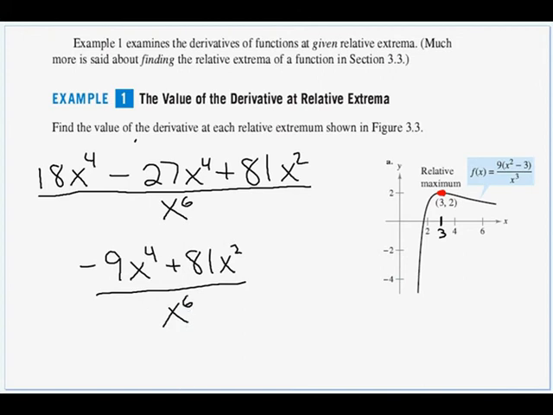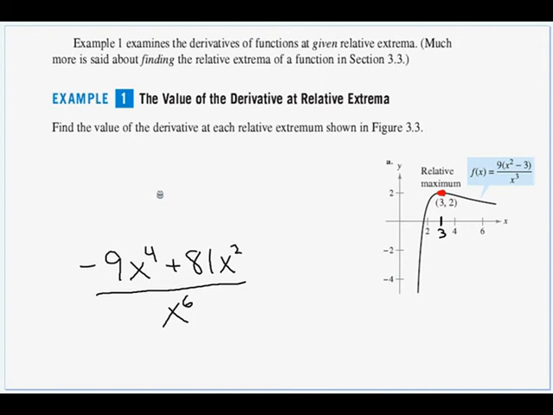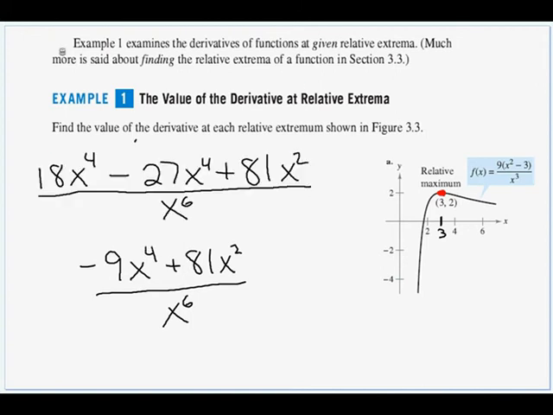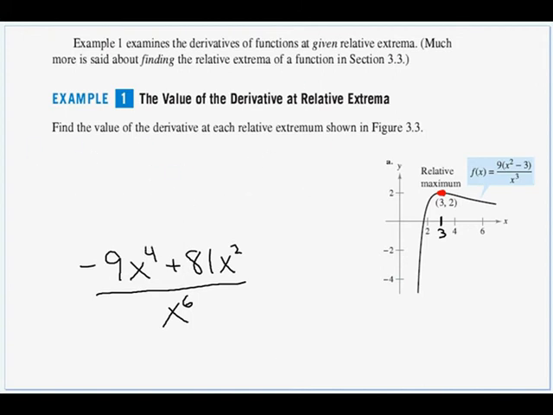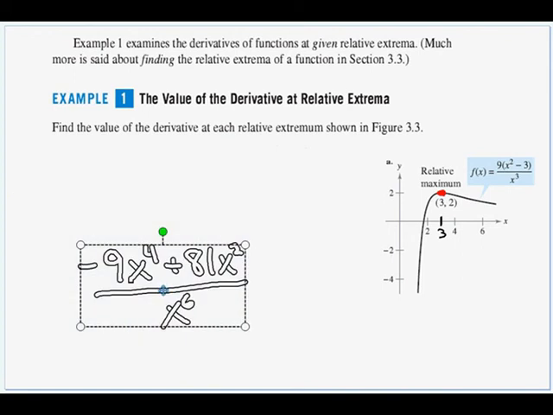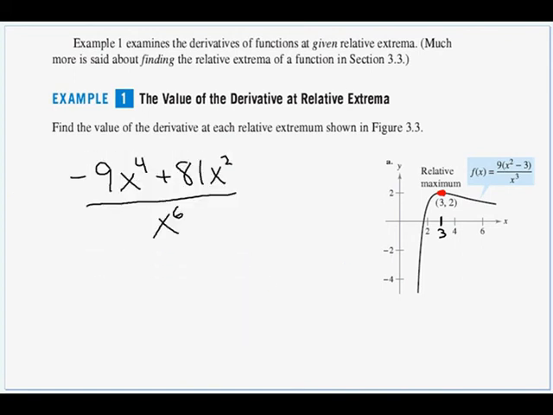And now I see that every term has an x squared in it. So what we can do is simplify here a little bit and factor out an x squared. So I can eliminate this x squared. This will get knocked down to a second power, and this will get knocked down to the fourth power. And I'm going to rewrite it so my negative term isn't my first term. So I'm going to do 81 minus 9x squared all over x to the fourth.